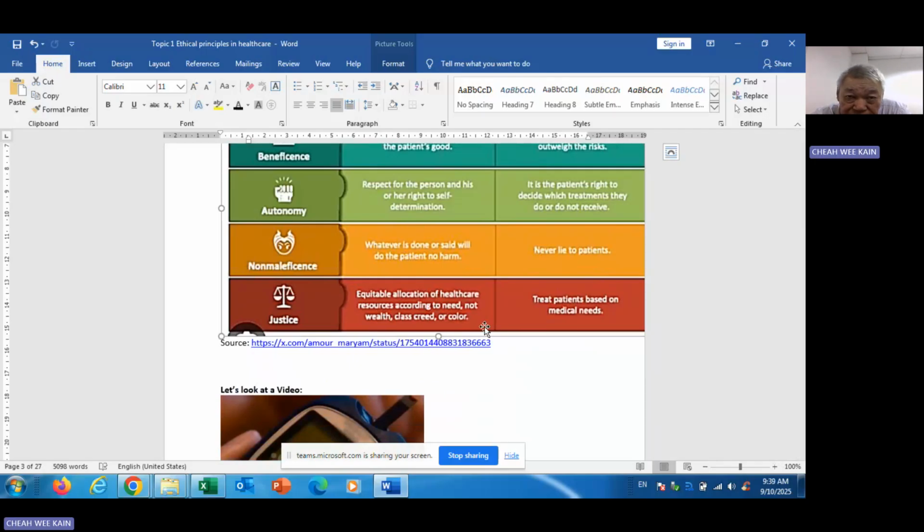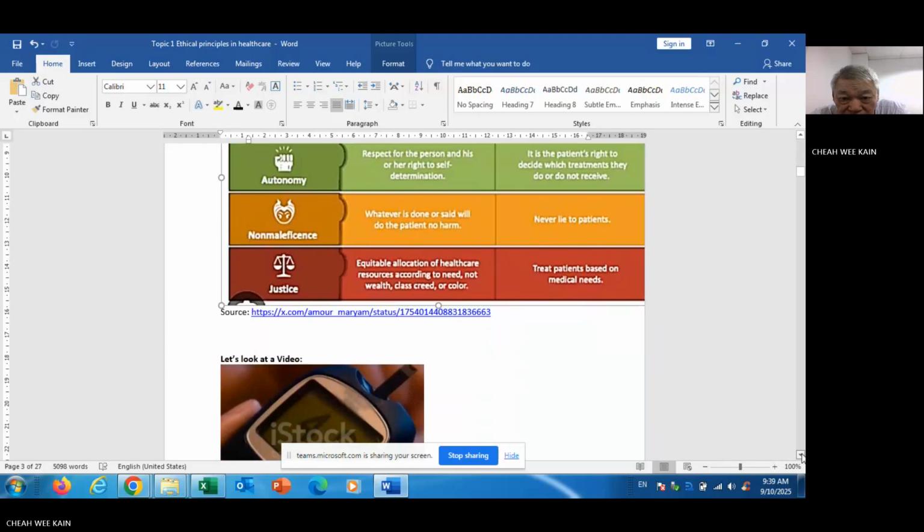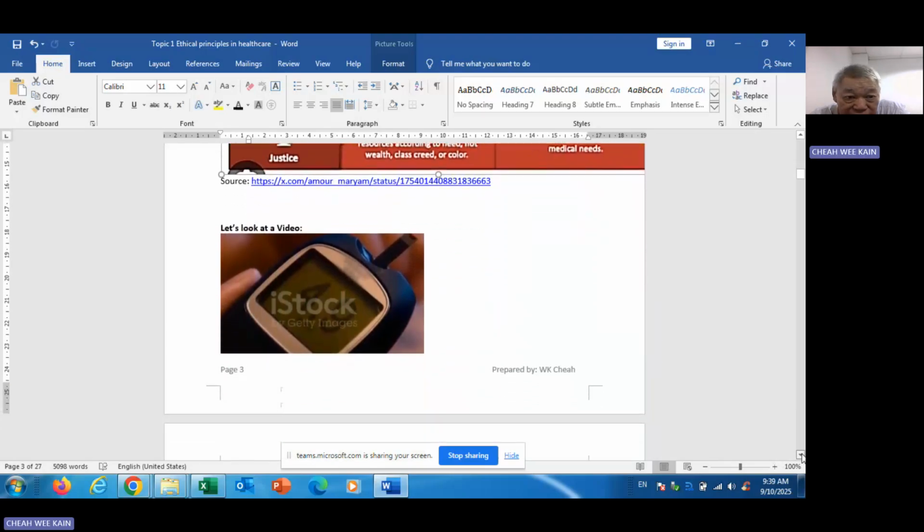So their resources are pointing to those individuals. So government hospital would be better. They don't really look at your wealth status. So they treat patients based on medical needs, not like the private hospital. They just look at whether you have insurance coverage? Do you have a credit card? And so forth. Okay.